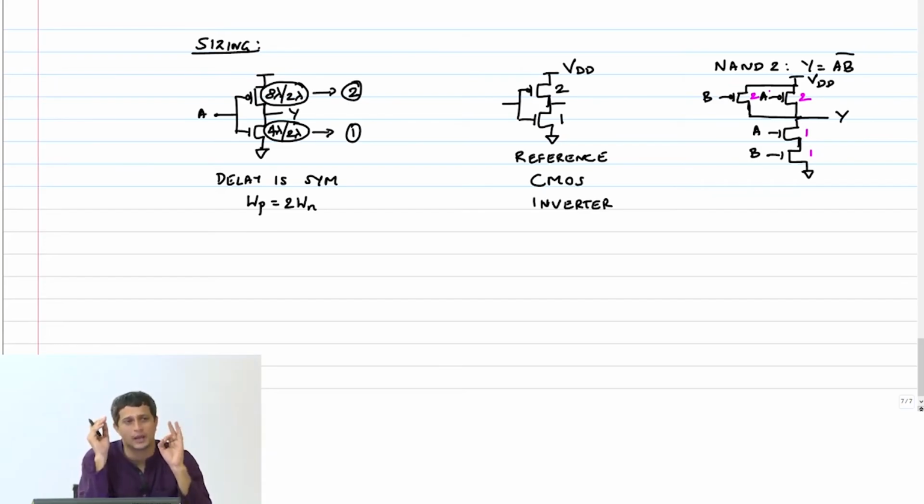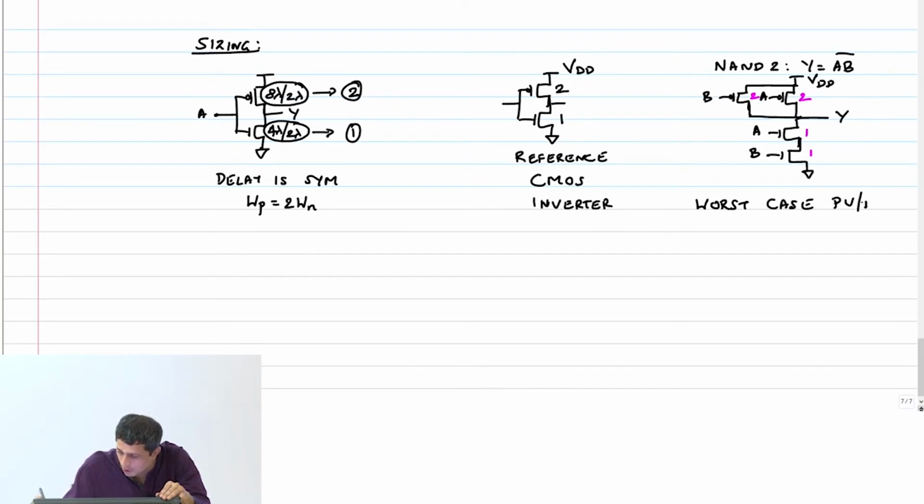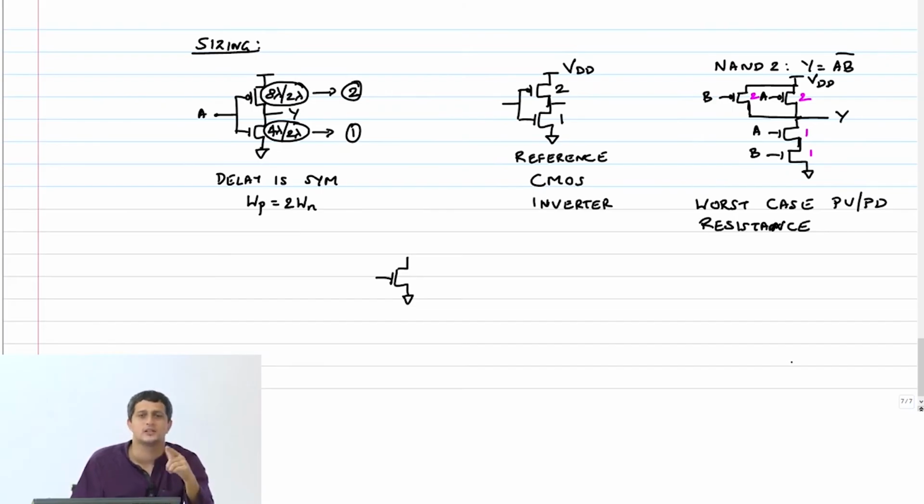Okay, that is the primary criterion that we are going to pick in order to size these gates. So we will look at worst case pull up or pull down resistance. Now we did this earlier. Okay. And when I say resistance, for what? It's the resistance for delay.